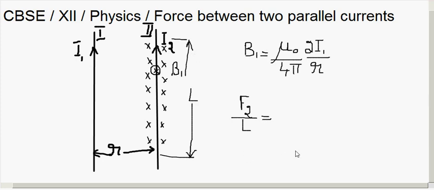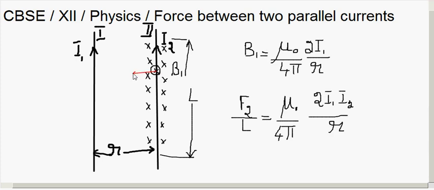So F2 by L we got as mu naught by 4 pi into 2 I1 I2 by r. Now we also found the direction of F2, and it was acting perpendicular to wire 2 and towards the first wire. This was the direction of F2 for us.